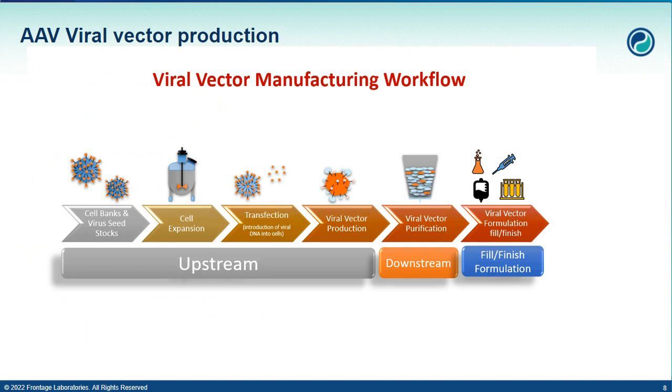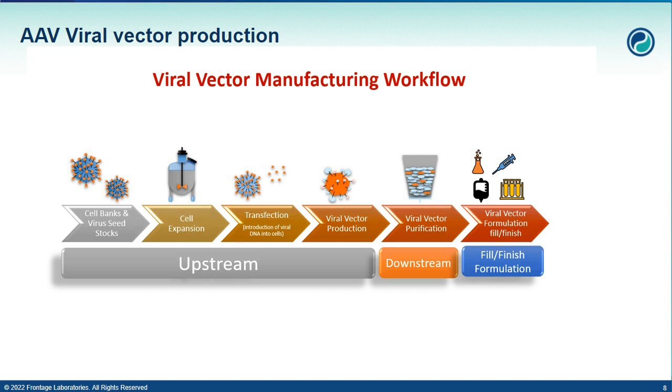The AAV viral vector production includes the upstream, downstream, and the final fill, as shown in the workflow here. First, the cell was thawed and the virus seed cell was prepared. After the cell expansion, the virus was transfected into the cells.